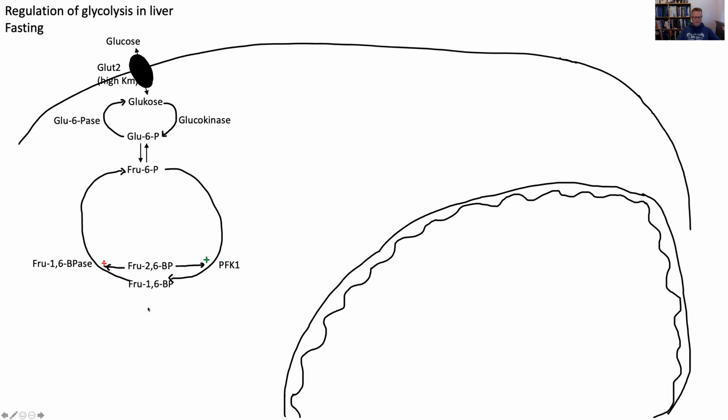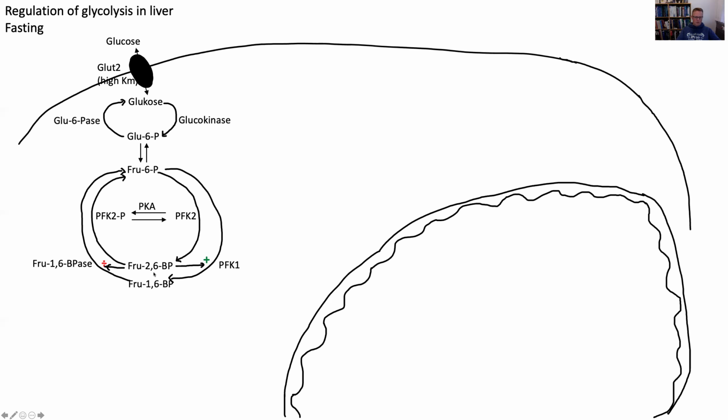In liver, it's important to understand how glycolysis is regulated, and in liver, glycolysis is primarily regulated by the activity of phosphofructokinase 1, which is strongly regulated by a metabolite known as fructose 2,6-bisphosphate. Fructose 2,6-bisphosphate is a strong activator of PFK1 and an inhibitor of fructose 1,6-bisphosphatase.